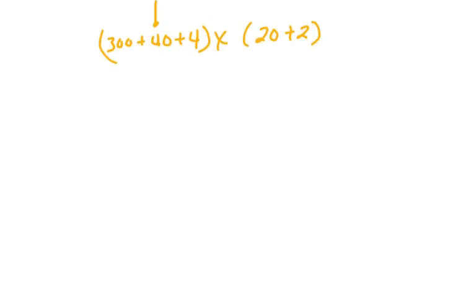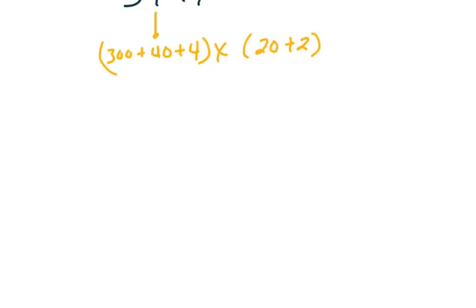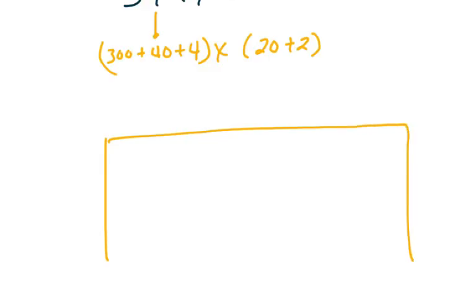So now, since this is a 3-digit number and a 2-digit number, that means that we're going to have a box that's going to be split to 3 and 3. 3 on the top, 3 on the bottom. Make this pretty large here.